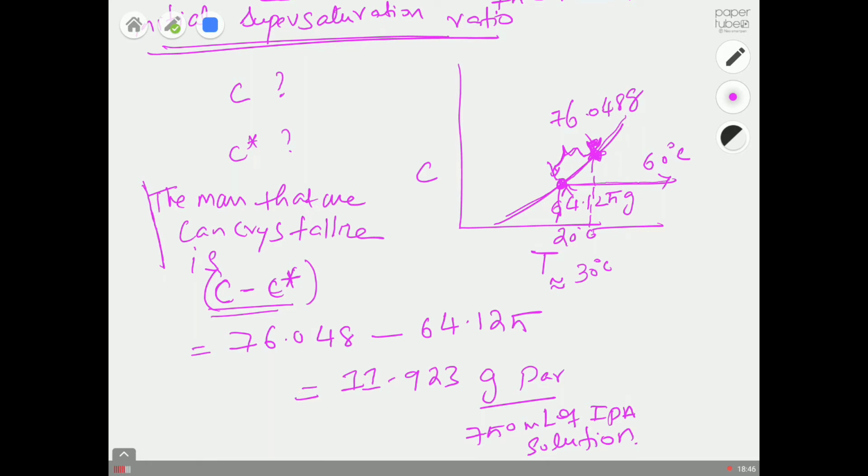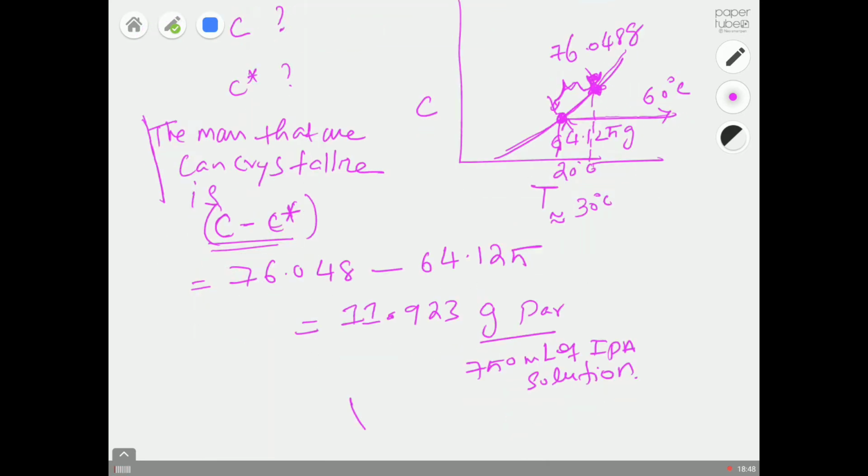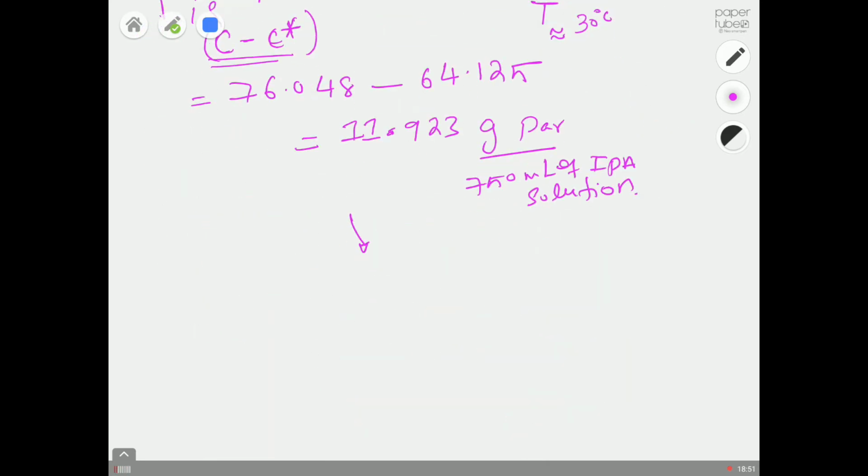In the exam, I might ask how much mass you can crystallize from 1 liter of IPA solution. Then you have to convert. Say, X grams of paracetamol per 1000 ml of IPA.